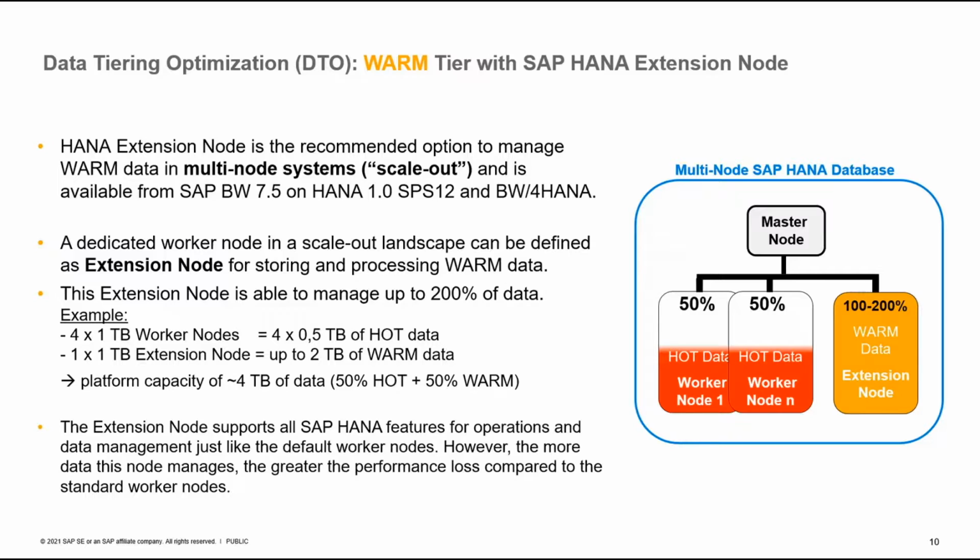The extension node is also a part of the SAP HANA platform, so there are no restrictions in features or operations, and the data management is just like a standard node. You just have a performance disadvantage, of course, the more data you load into this extension node.